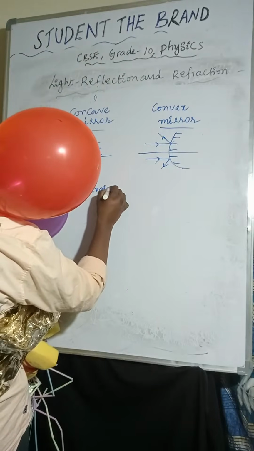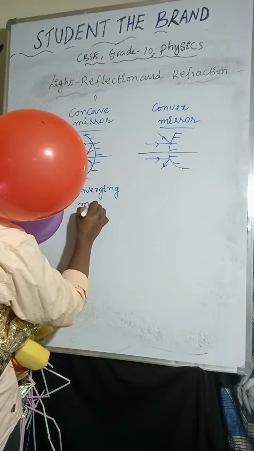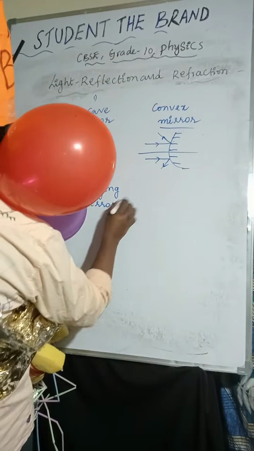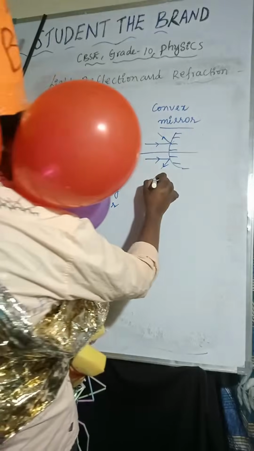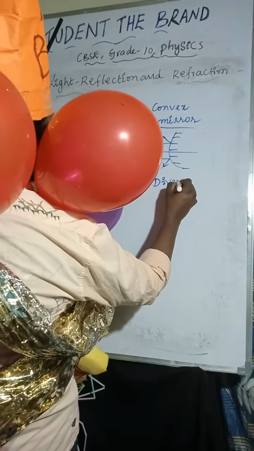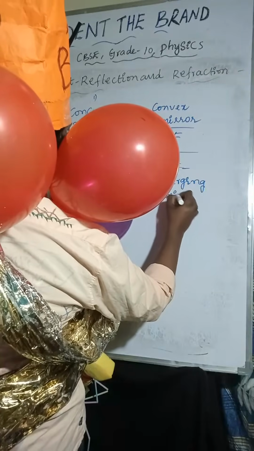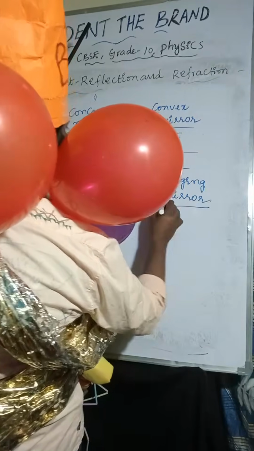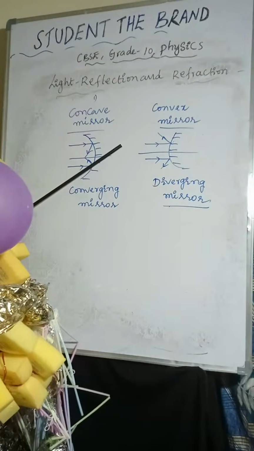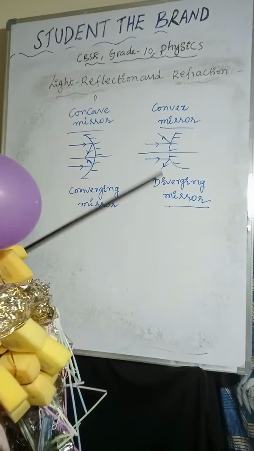Concave mirror is converging, convex mirror is diverging.